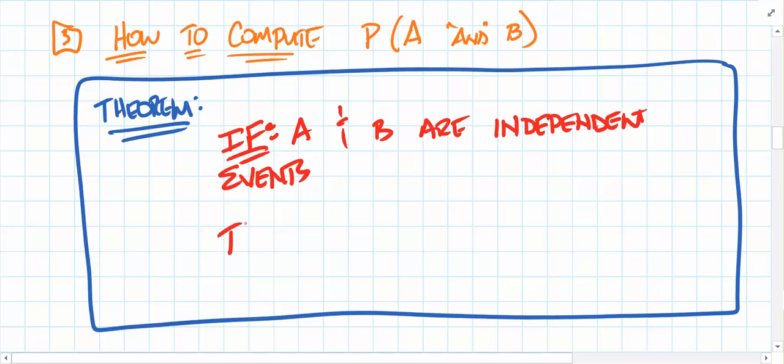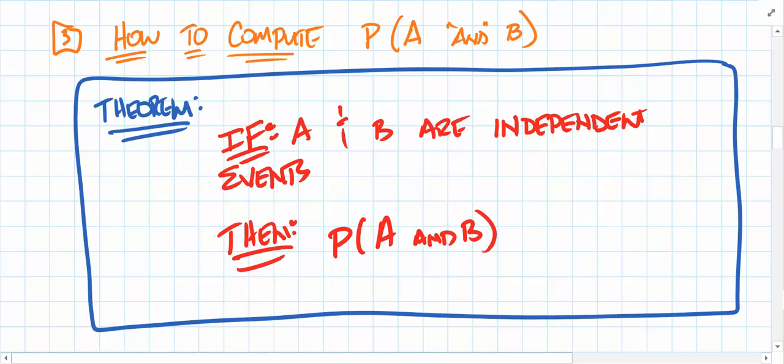It's an if-then statement for you. Then the probability that A and B occurs together is simply the probability of A multiplied with the probability of B. So all we have to do is multiply their individual events together.